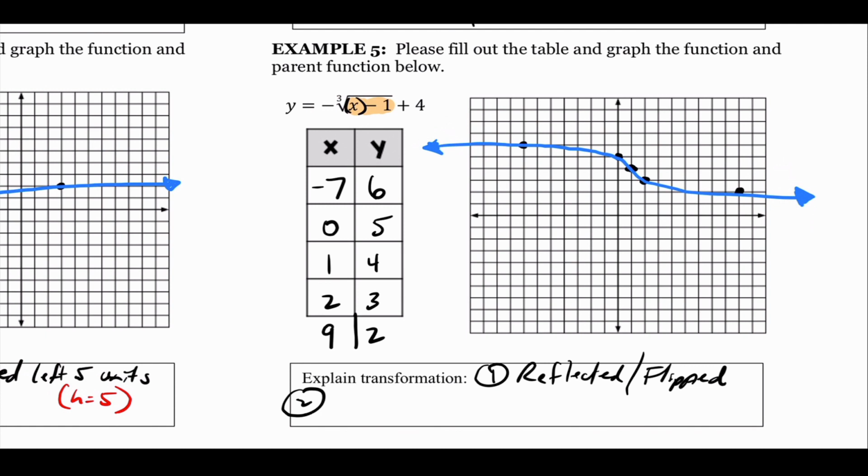There are 2 others. Shift. Shifted what? Say it again. Abigail. Shifted right 1 unit.